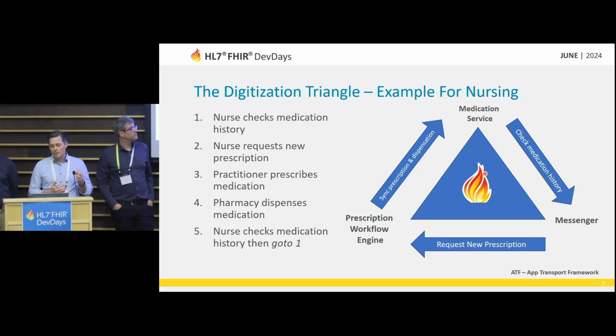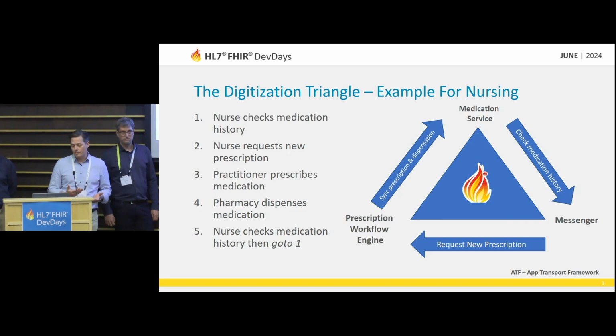Imagine we have here these building blocks, the medication service, which represents the newly developed FHIR service as part of our new EHR. We have the messenger in place, locally installed in a nursing home, and we have the newly developed prescription workflow engine with a synchronization function.